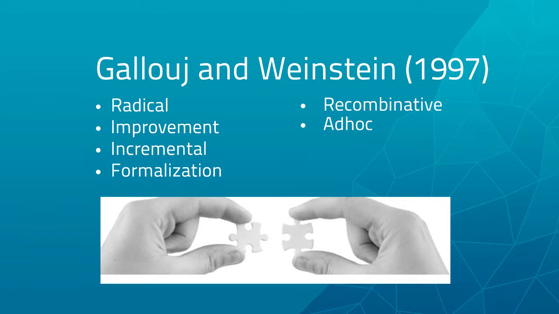They actually have 6 categories of service innovation, where the 2 first ones are based on this traditional view of service innovation, identifying what a radical innovation is. A radical service innovation means that you change the basics, the fundamentals of the innovation, introducing completely new characteristics. And that is what a radical service innovation is.